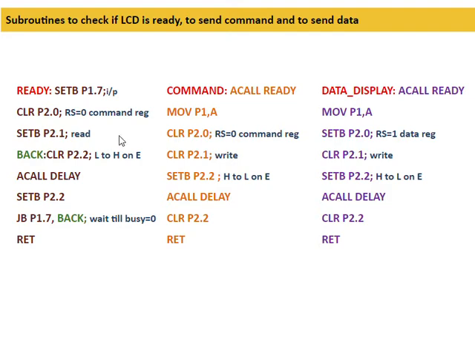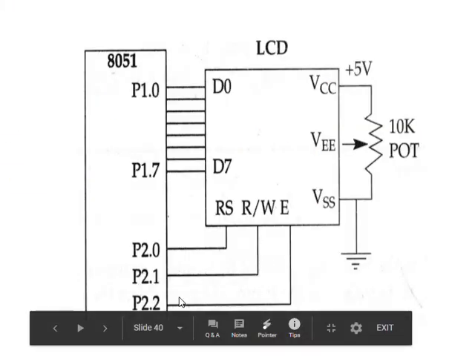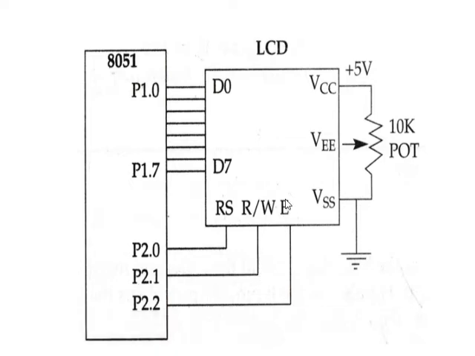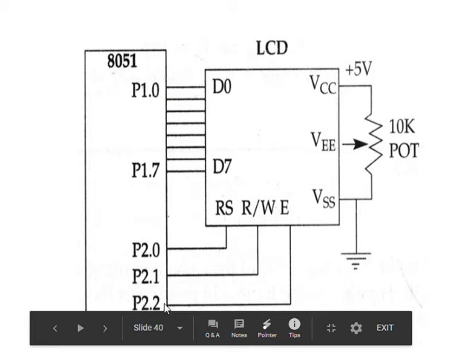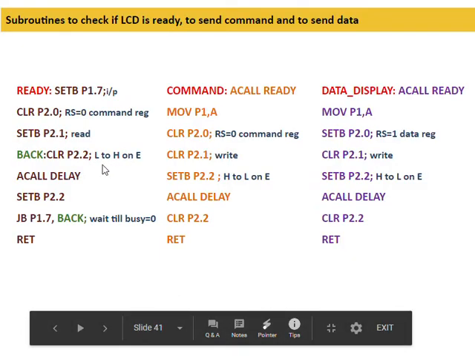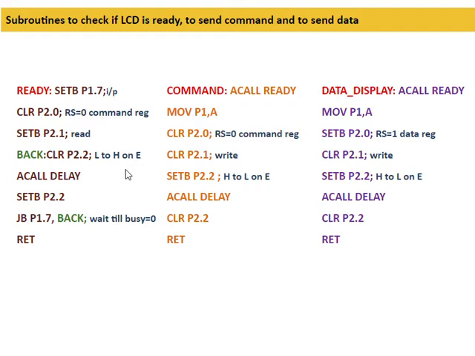Now we have configured P1.7 as the input pin. We have selected the command register and we have selected the read operation. Now we should apply a low to high pulse on the enable pin to read a value from the LCD display. For that we should give a low value on P2.2, call a delay and then set it high. See, you can see that the enable pin is connected to P2.2 and we should send a low to high pulse on this pin to read a bit of data.